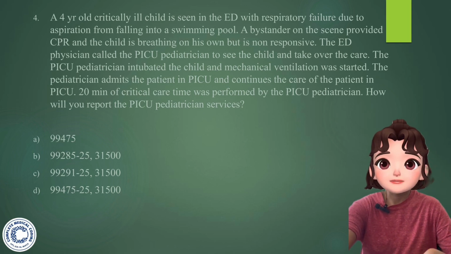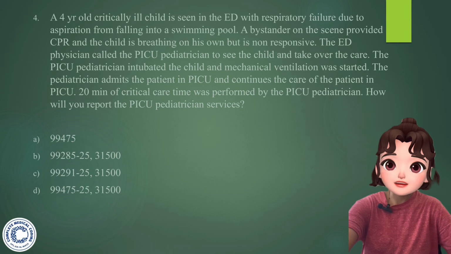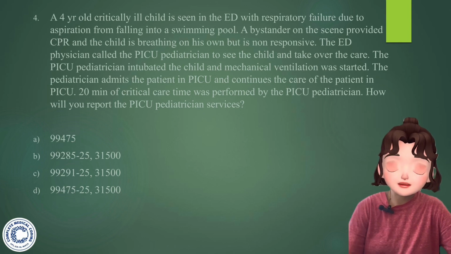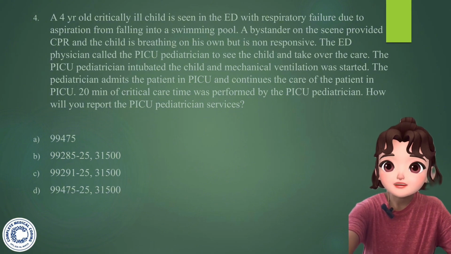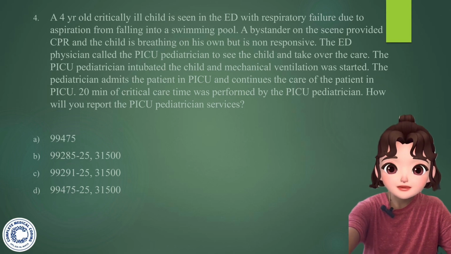Modifier 25 is a significant, separately identifiable E&M service by the same physician or other qualified healthcare professional on the same day of procedure or service. Yes, that is also required. Same day of procedure, you have to mark it with modifier 25 because it's a separately identifiable E&M service.